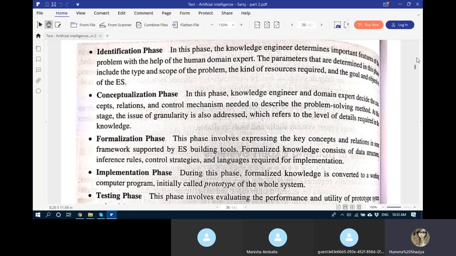Then the implementation phase. In the implementation phase, the knowledge which has been formalized in the preceding phase is converted to a working computer program, which is also called a prototype of the whole system.